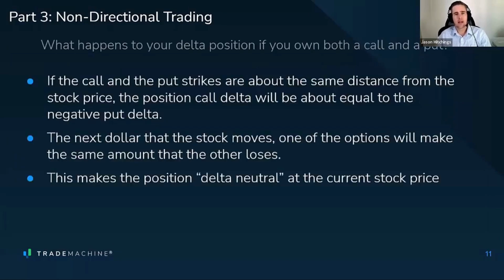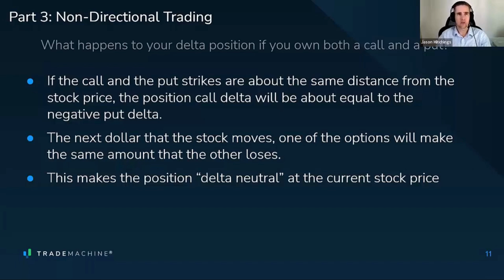So if the stock goes up $1, your call is going to go up about 50 cents per share, and your put is going to go down about 50 cents per share. And so in your overall position, you've made 50 cents in the call and you've lost 50 cents in the put.